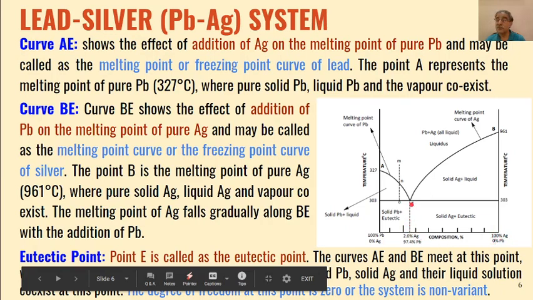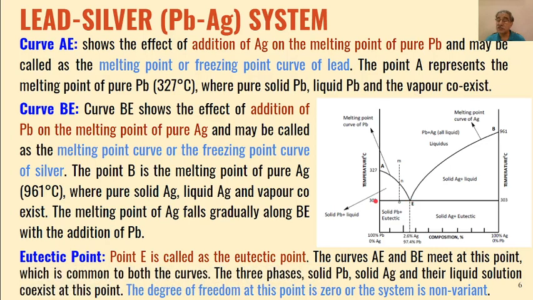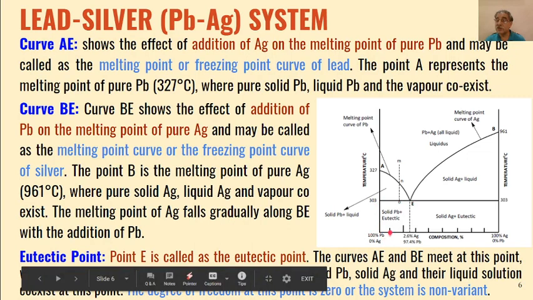Similarly, if we move towards the left side, the concentration of lead goes on increasing and the concentration of silver goes on decreasing. Silver decreases from 2.6 to 0%, whereas lead increases from 97.4% to 100%.